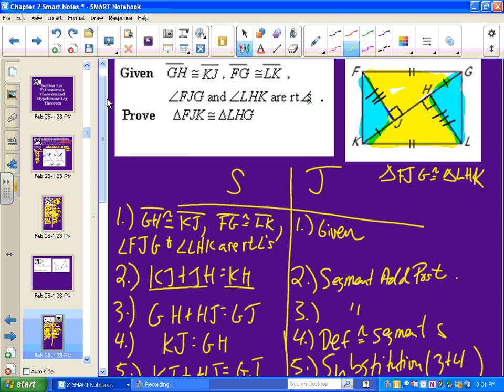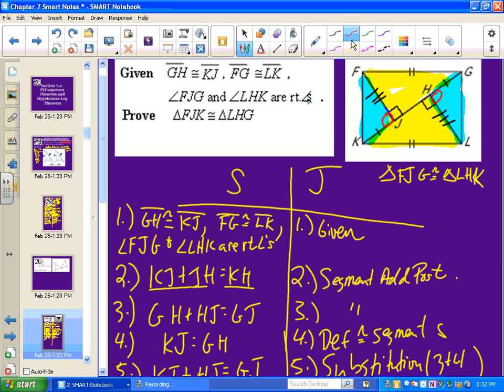Now we just need to get this included angle here and here to be congruent. Well, we know that FJG is a right angle. So that means that segment FJ and segment KG, since FJG is a right angle, what do we know about FJ and KG? FJ and KG are going to be perpendicular because it forms a right angle. And that's the definition of a perpendicular line.